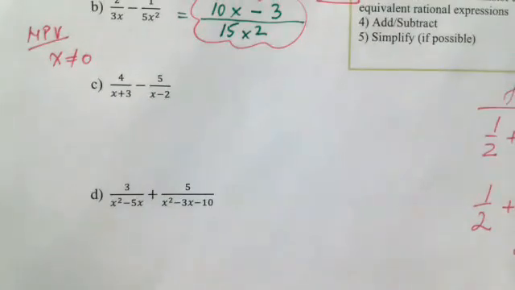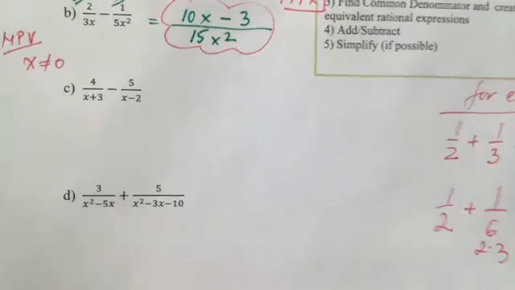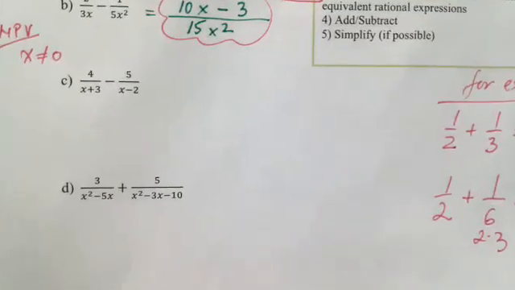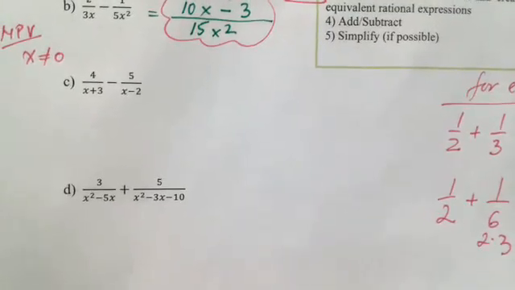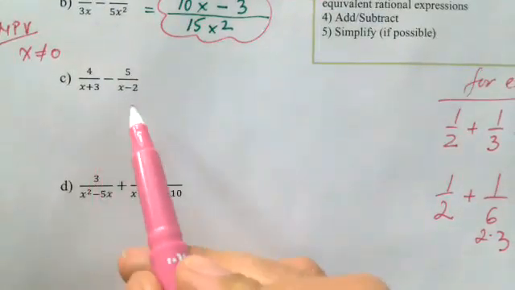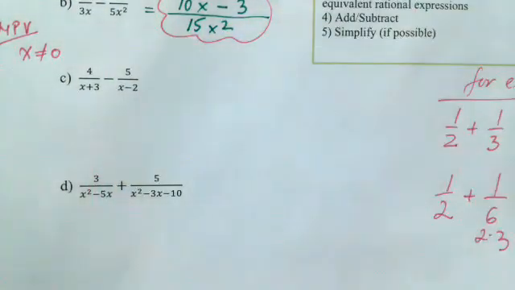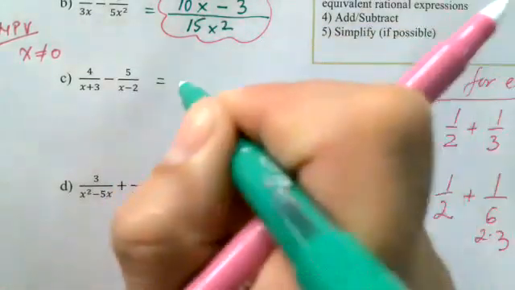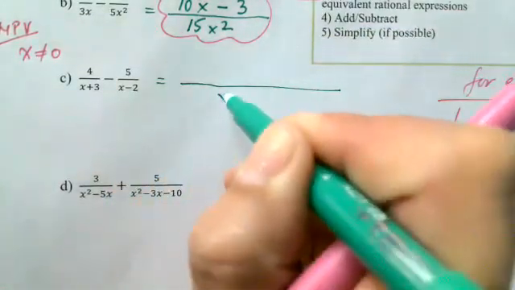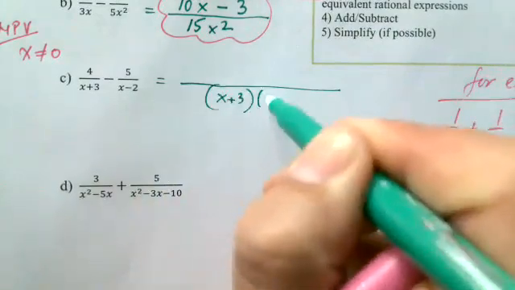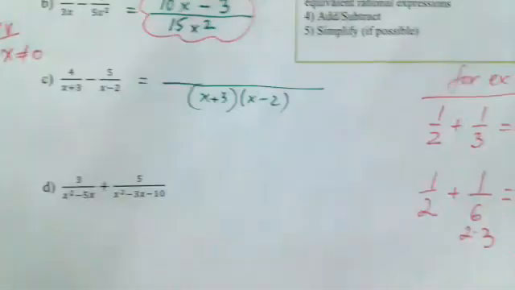The same thing is going to apply for prime or non-factorable polynomials, in our case, x plus 3 and x minus 2. The common denominator is going to be x plus 3 times x minus 2, just like this one, okay? Multiplication.